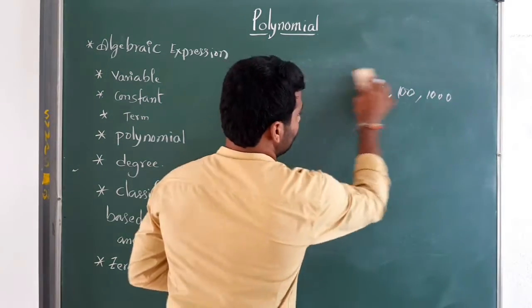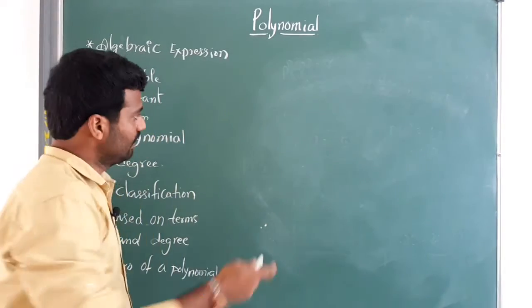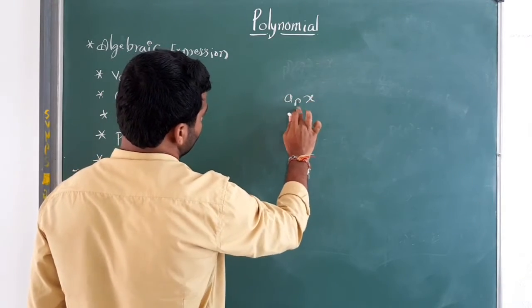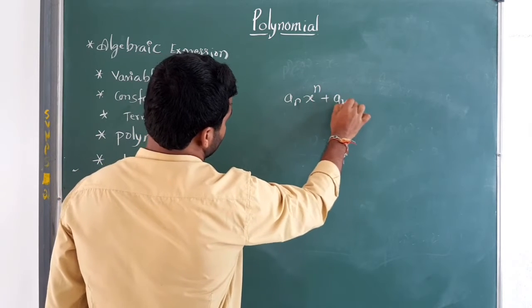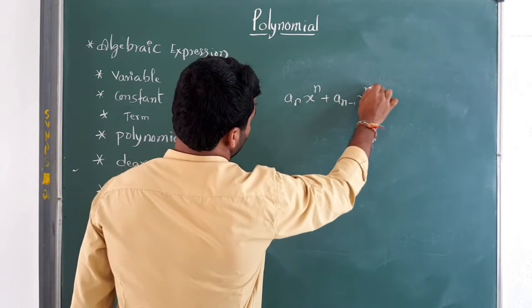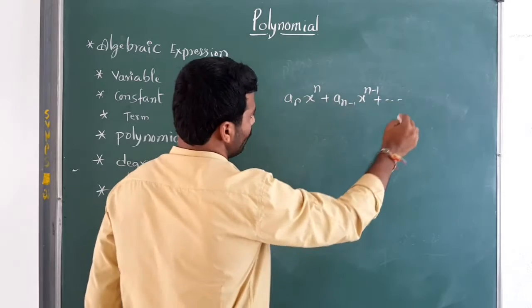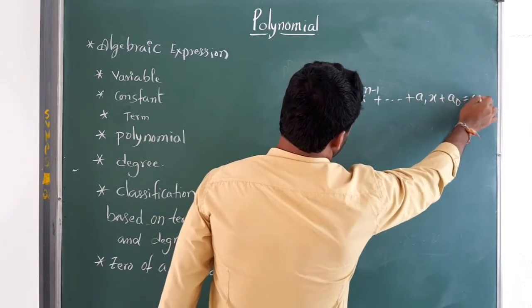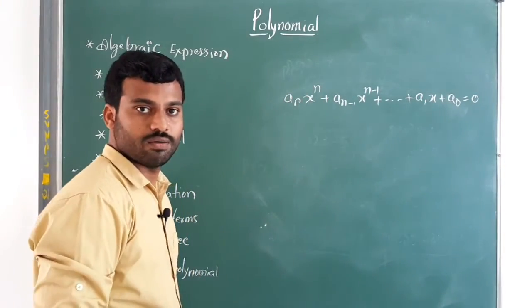I will tell you. Suppose an x to the power of n plus an minus 1 x to the power of n minus 1 and so on, plus a1 x plus a0 equals 0.